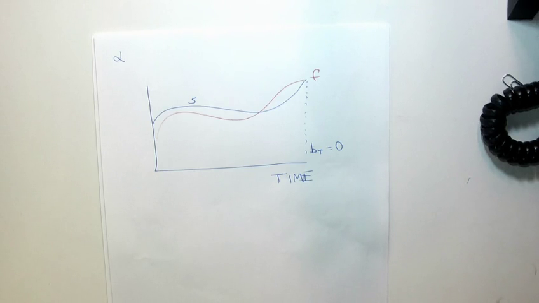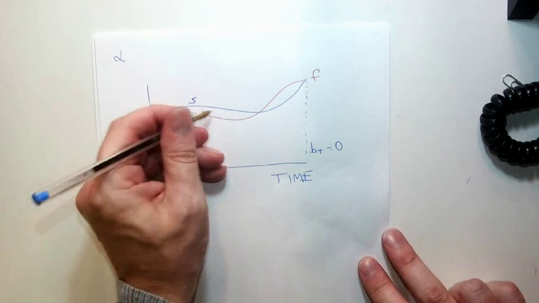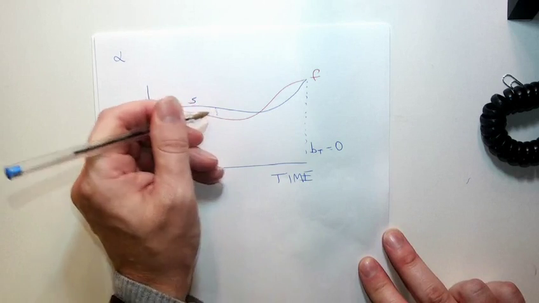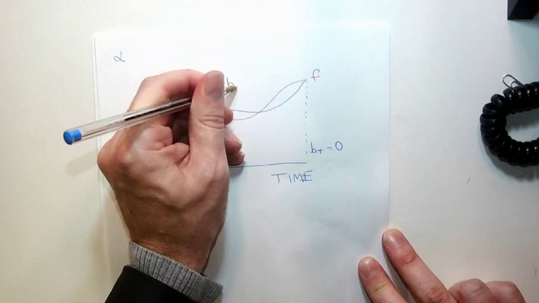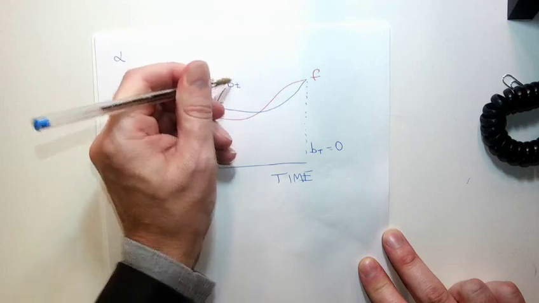In other words, if you decide to terminate a short or a long futures hedge before the expiration date, you are exposed to basis risk. Basis risk is the fact you do not know what basis is going to be at time B small t.